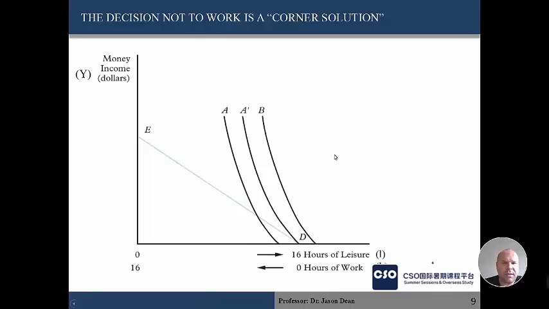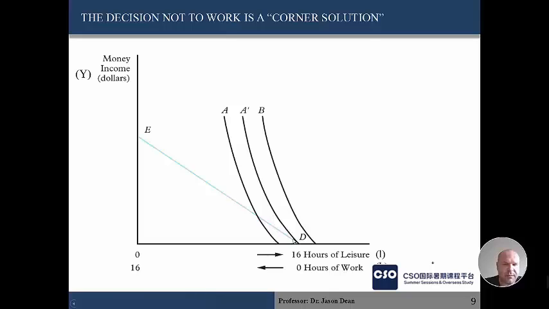Okay, now let's look at a situation where an individual would decide not to work. Okay, so the decision not to work is actually a corner solution. So we know in our model here, someone not working would be choosing the point where T, total discretionary time, is equal to 16. So here that would be point D. And notice how the indifference curves are quite steep.